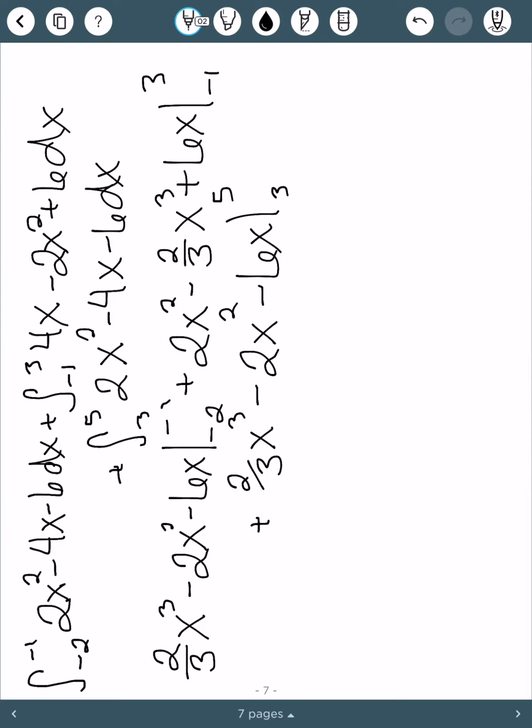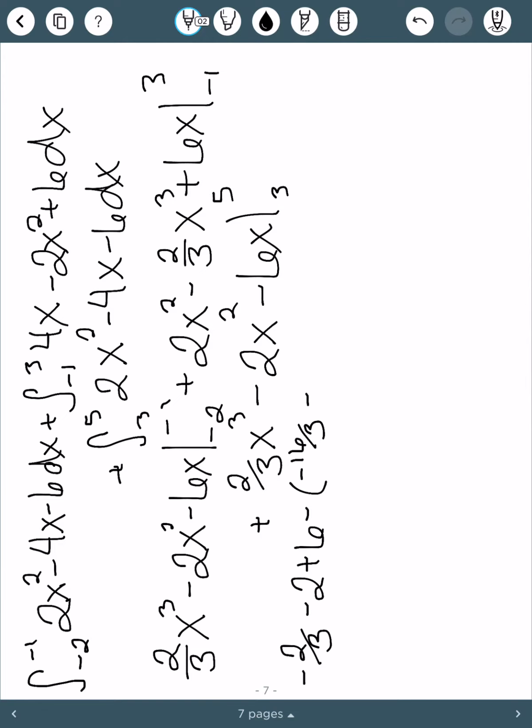So if we try to work this out, -1 cubed is -1 times 2/3 would be -2/3. It would then be -2 plus 6. We would then need to subtract. -2 cubed is -8 times 2/3 is -16 over 3.